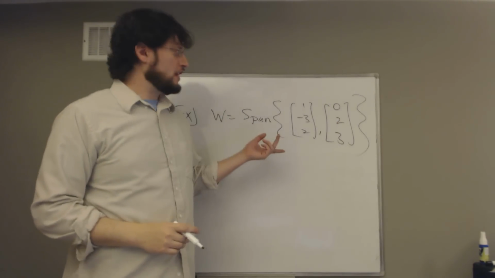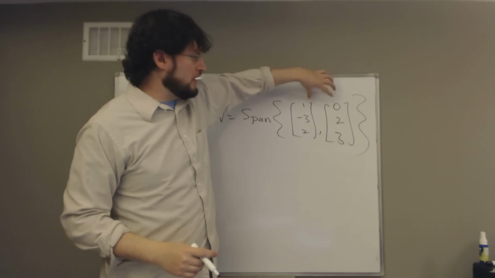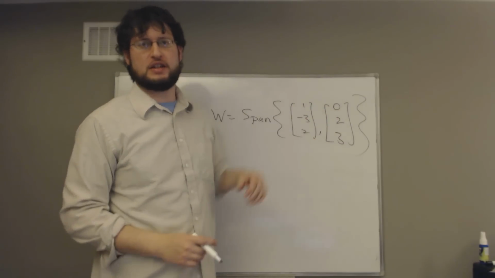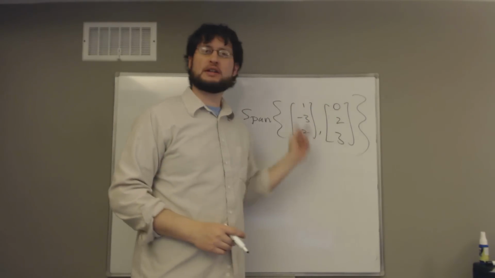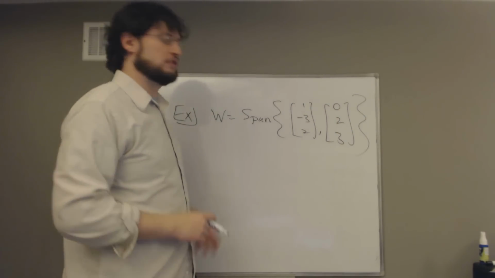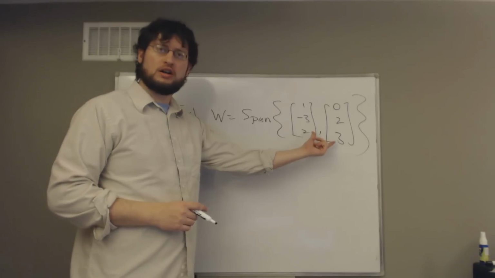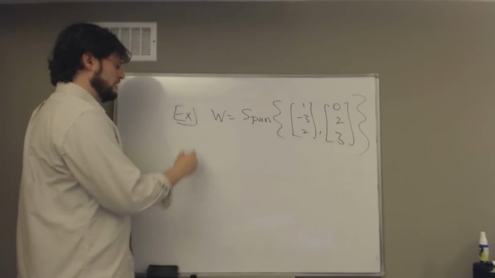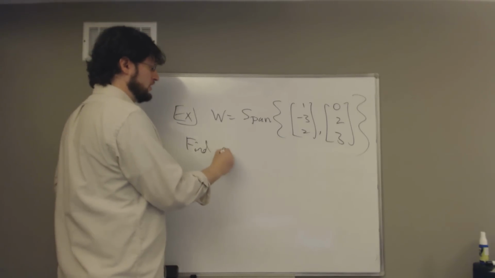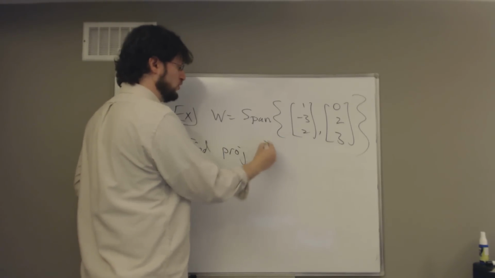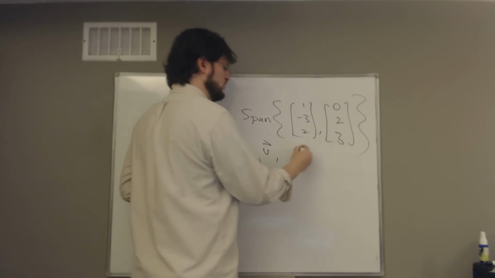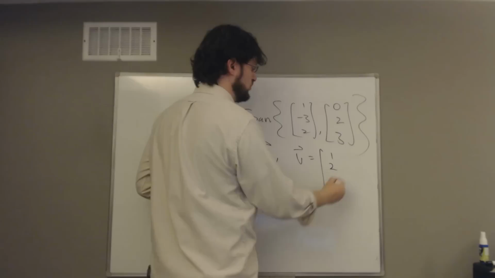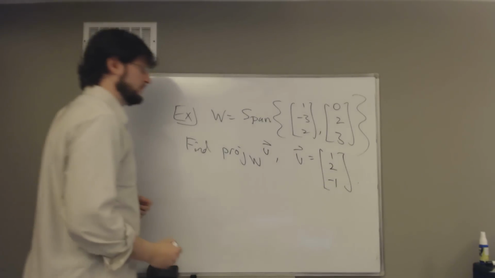These vectors are in fact orthogonal because if I dot them, I get 0 plus 6 minus 6, which is 0. So the dot product of these two vectors is 0, which means they form an orthogonal basis for w. Let's find the projection of u onto w, where u is the vector 1, 2, minus 1.